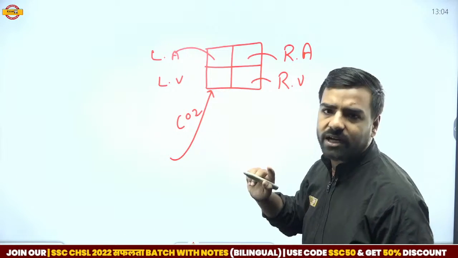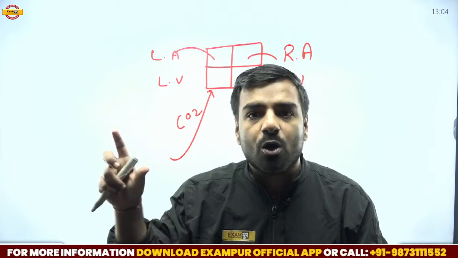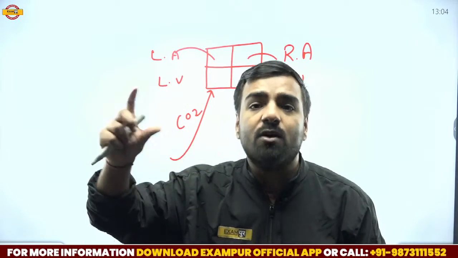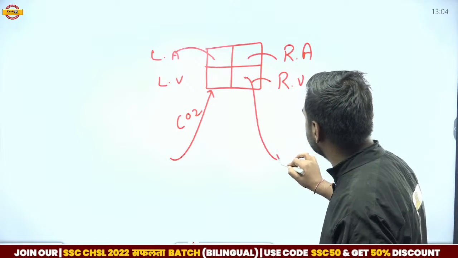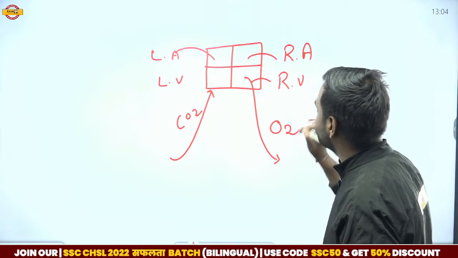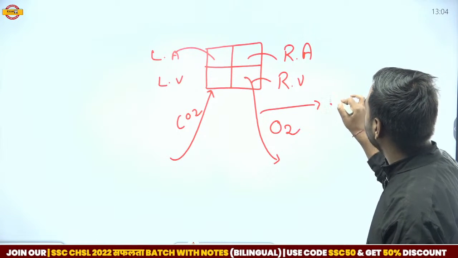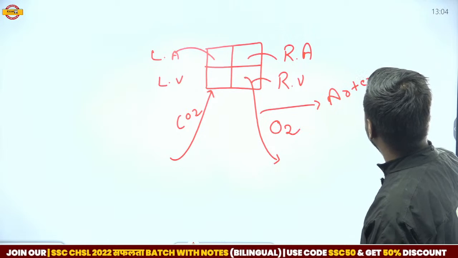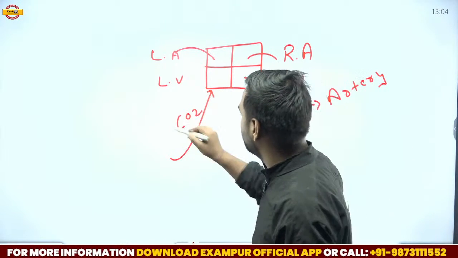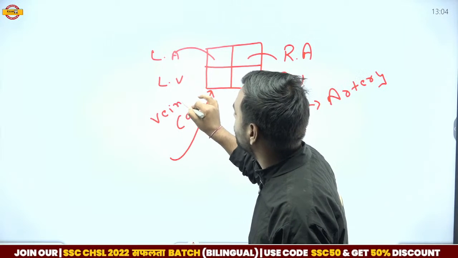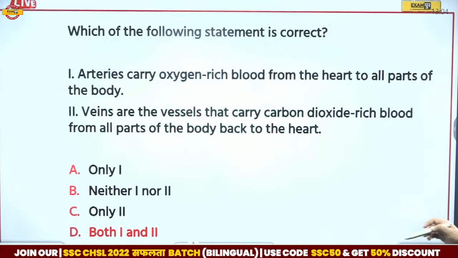When blood reaches the heart, the lungs are connected, which help in giving oxygen. That means the blood will now be oxygenated. And when blood is coming from the heart towards the body, it is oxygen-rich blood, that is, oxygenated blood. So here we can talk about the artery. And whenever we are talking about blood coming from the body towards the heart, we talk about veins. So yes, both of the statements are correct.